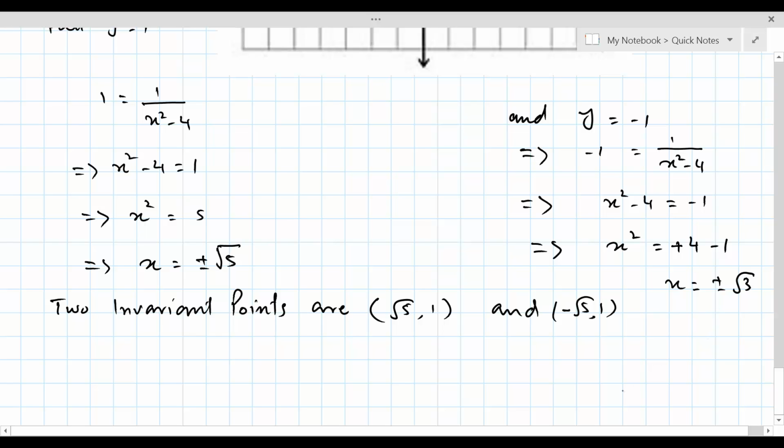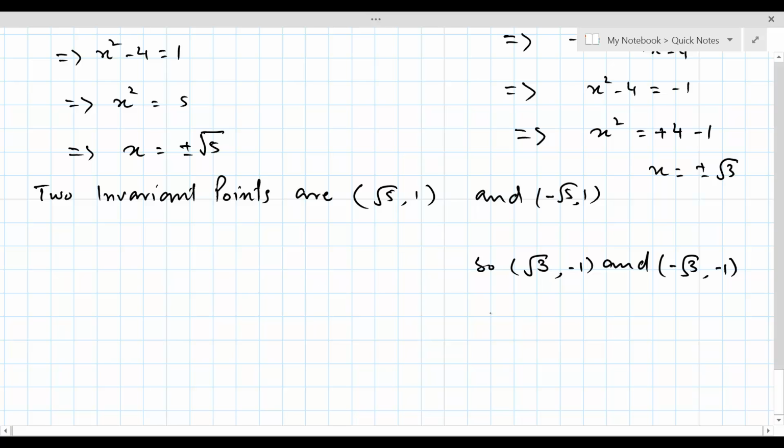So the two other invariant points are under root 3, minus 1 and minus under root 3, minus 1.